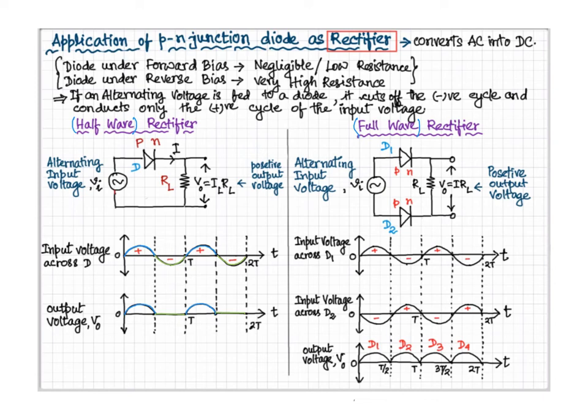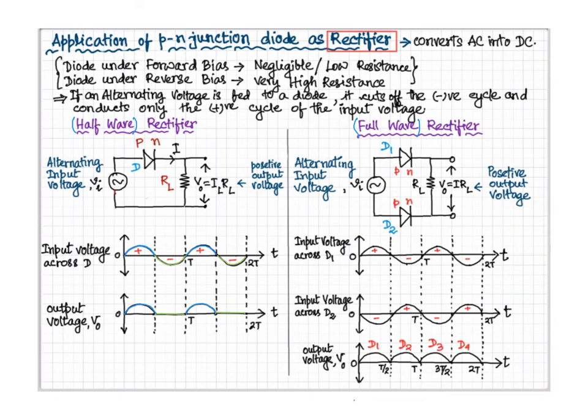But in a full wave rectifier, this problem is eliminated by using a second diode in the lower half of the circuit. So here we have two diodes, D1 in the upper half of the circuit and D2 in the lower half of the circuit. What happens when the input voltage is positive in the upper half circuit?